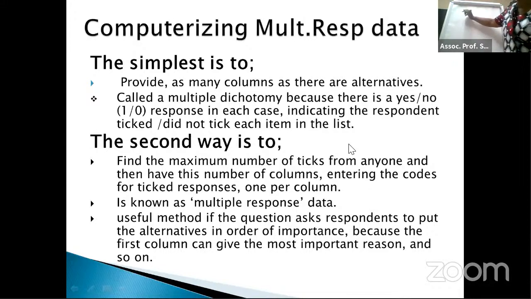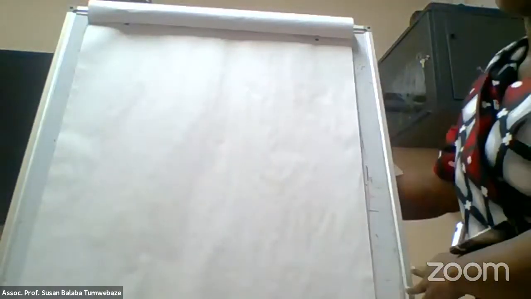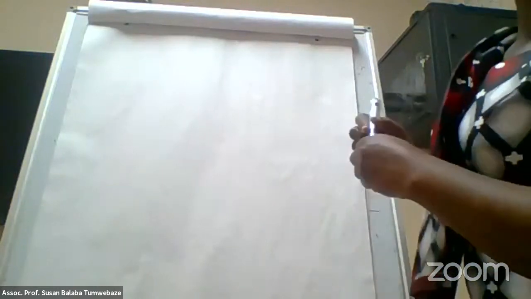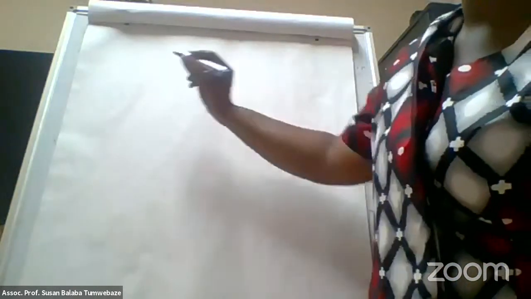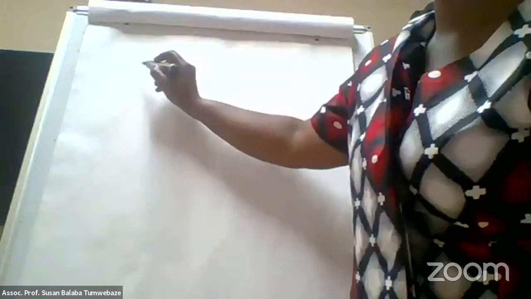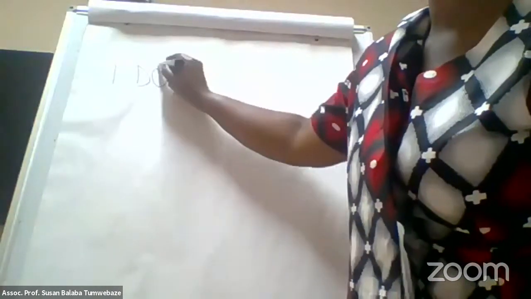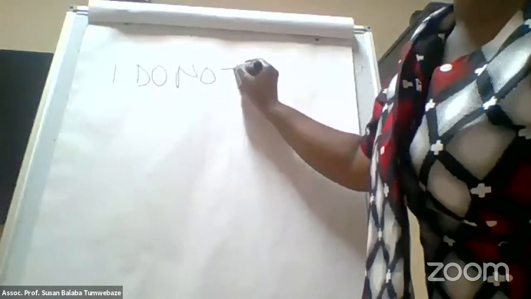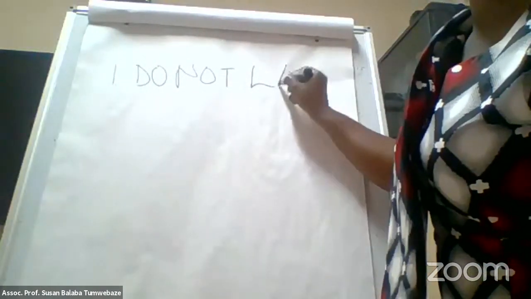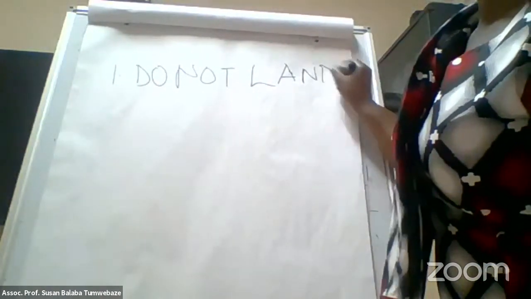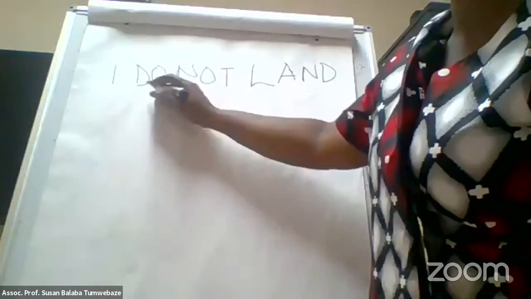For example, let me go back, stop sharing and go back to the whiteboard. Hopefully it's visible. So I'm going to use one example and one variable. The first variable is do not have land. Under this is the variable name.